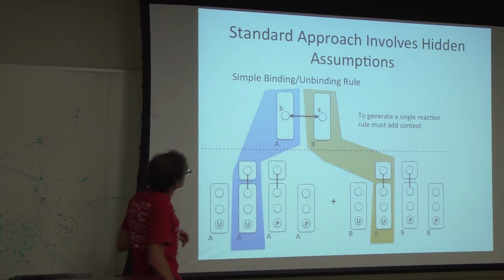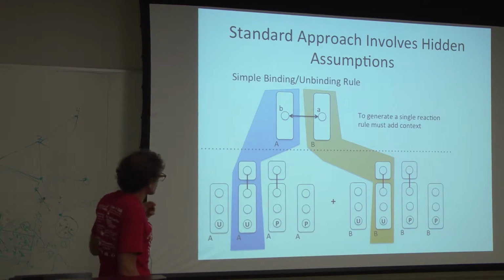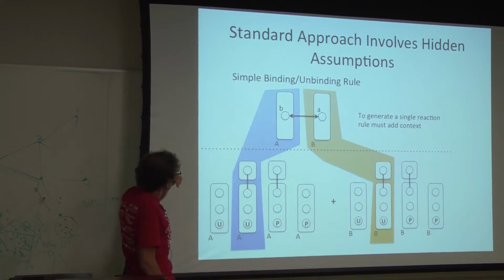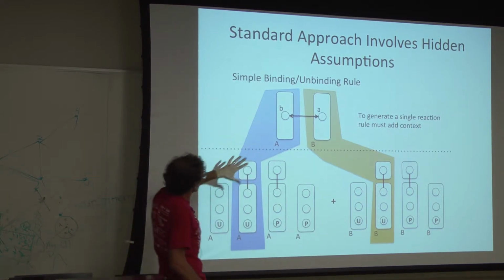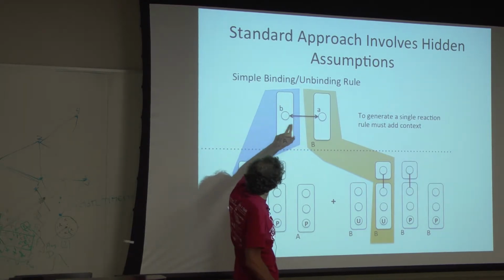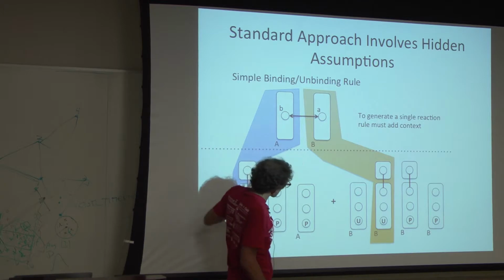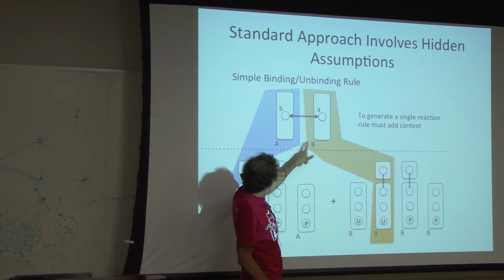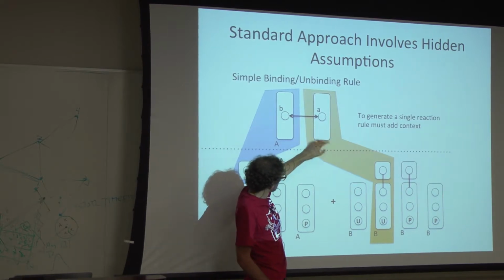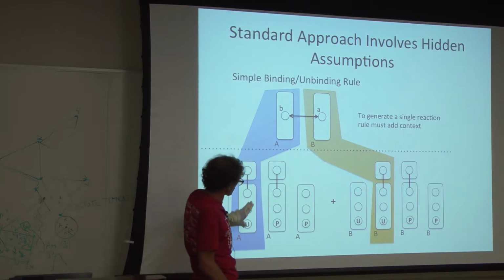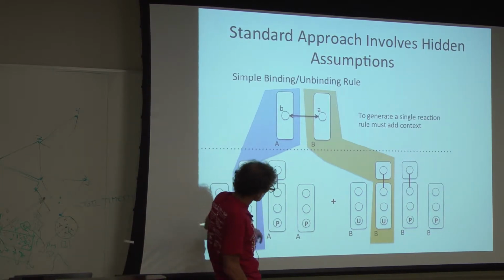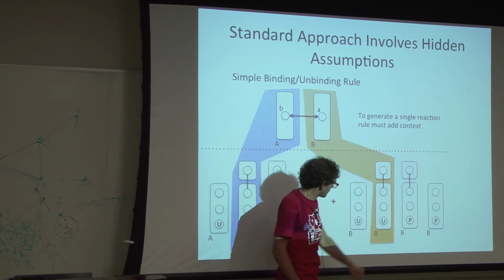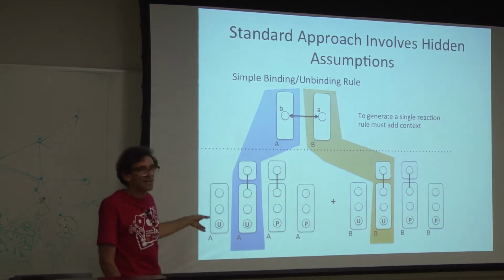Okay, so what do I want to say here? What we can see from looking at reaction networks from this perspective is that rules are sort of a generalization of the standard picture. In other words, if I have a complex network with many different possible states, and what I know is that A interacts with B and it forms a bond, then if I were to somehow select only certain varieties of A to bind to certain varieties of B, or one particular instance of A to bind to one particular instance of B, I'm making additional assumptions.